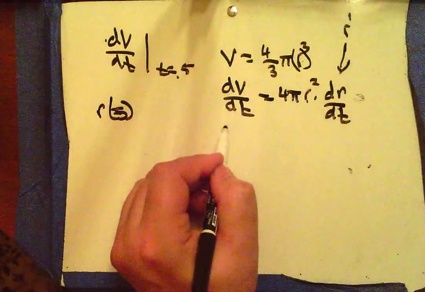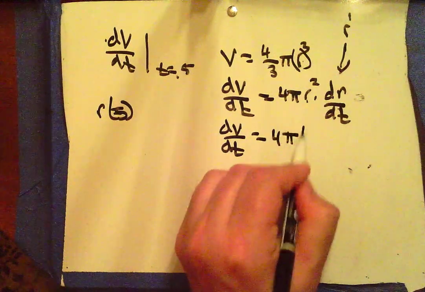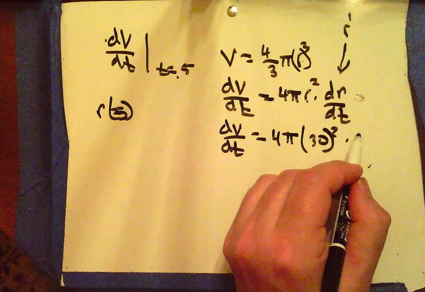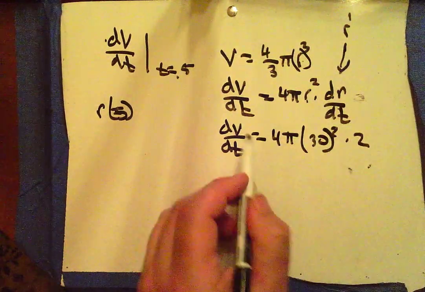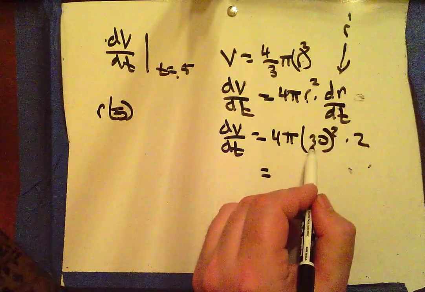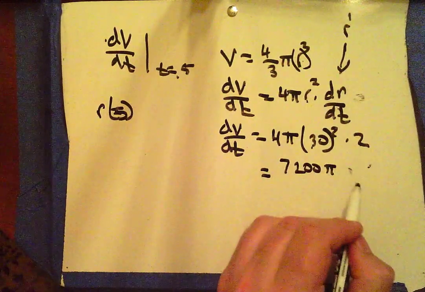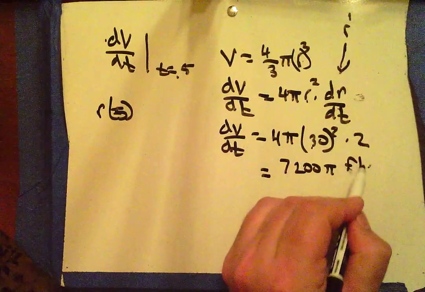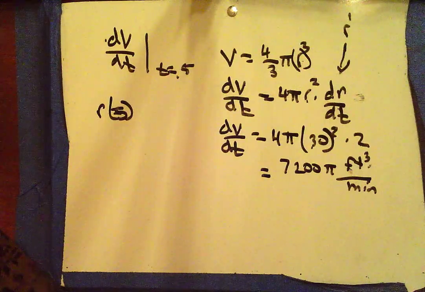Okay, so then dV/dt equals 4 pi 30 squared times dr/dt, which is 2. And I end up with 900 times 8, 7,200 pi, and the units, because it's a change in volume, are going to be cubic feet per minute.